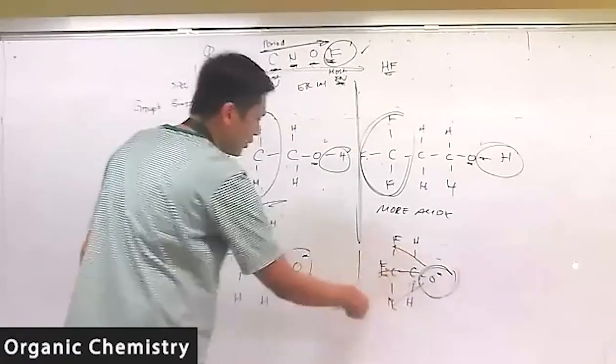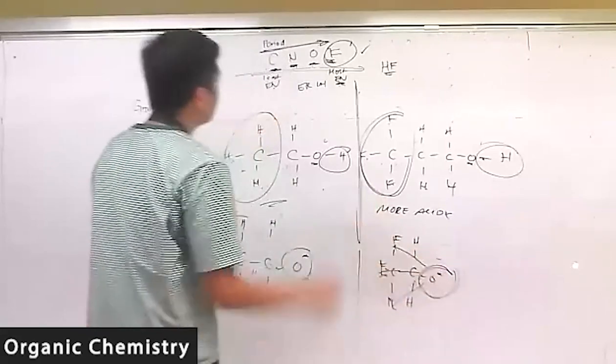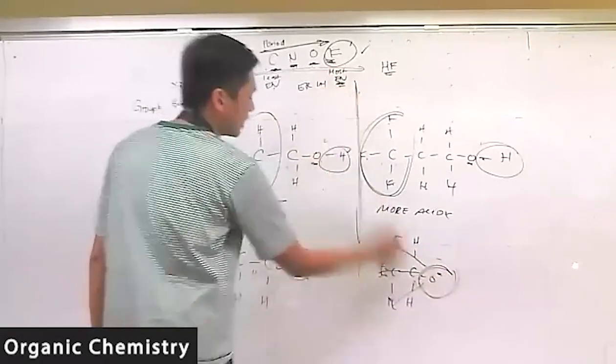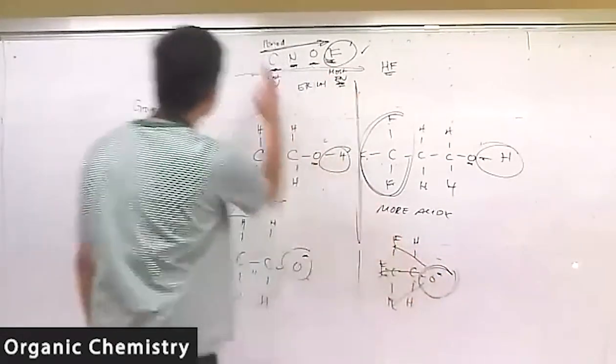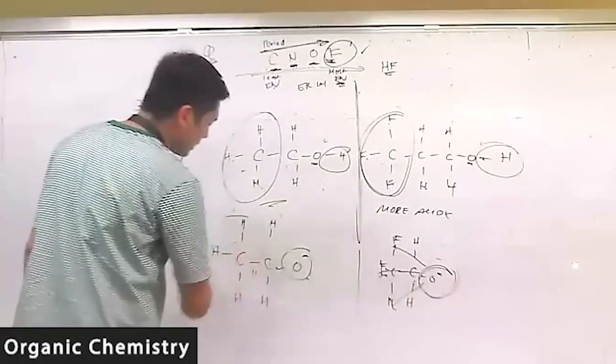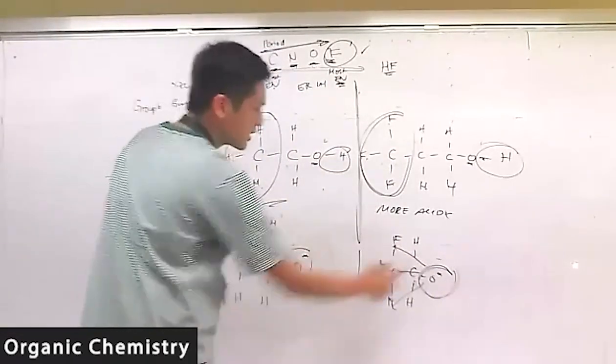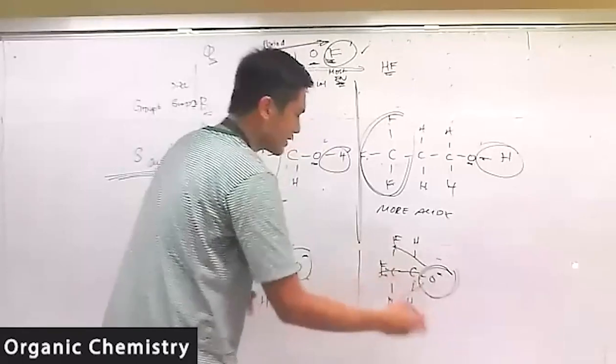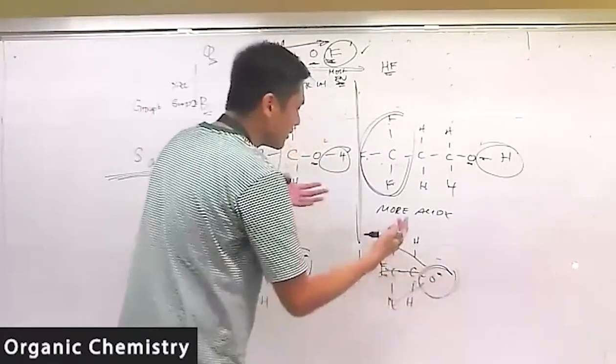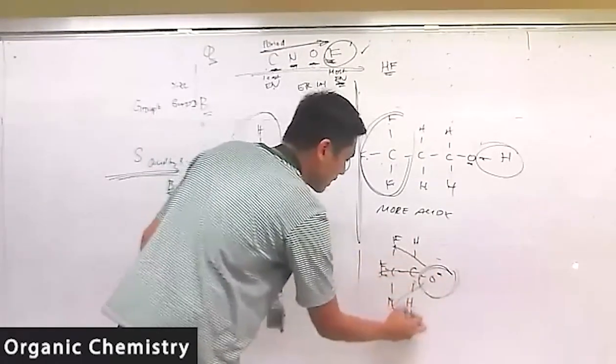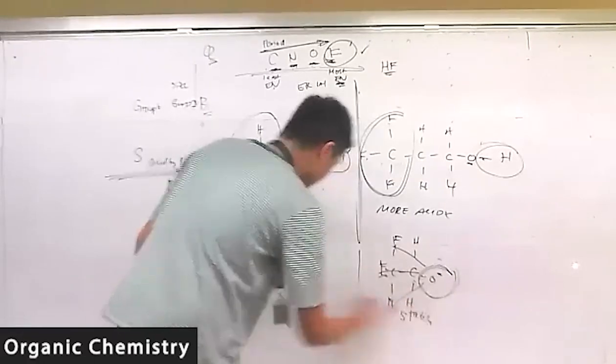The H cannot pull that charge away from the O. Because F is electronegative, it can pull the charge away from the O. H is not electronegative, therefore it cannot pull that charge away from the O.